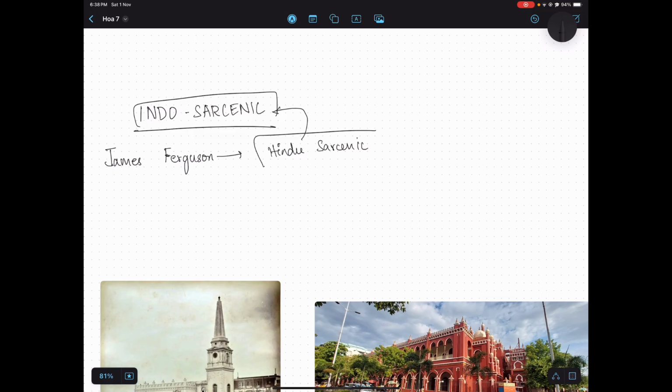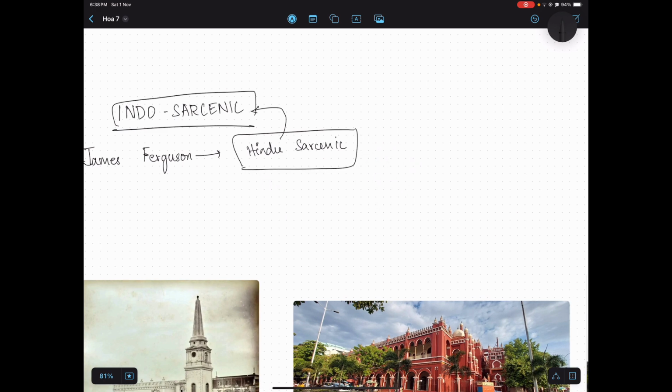So the British had four main cities that they ruled in India. We have Chennai, then Kolkata, Mumbai, and finally Delhi. And these are the cities that we'll be looking at today.